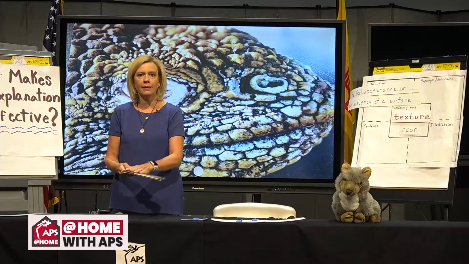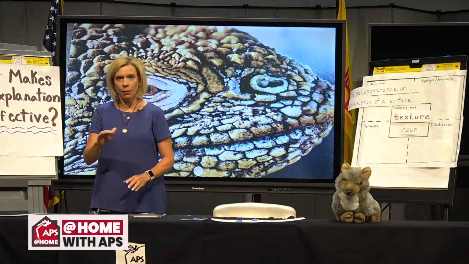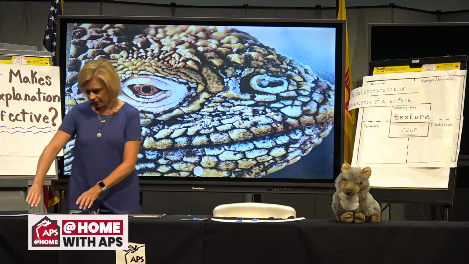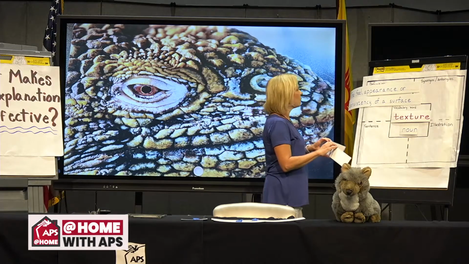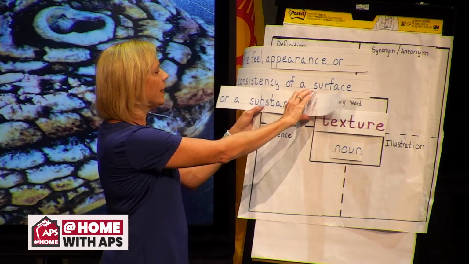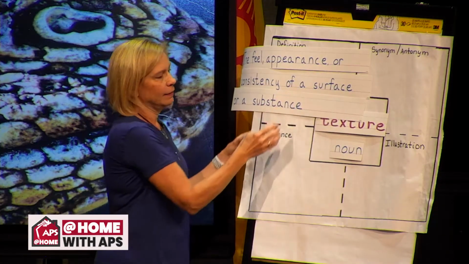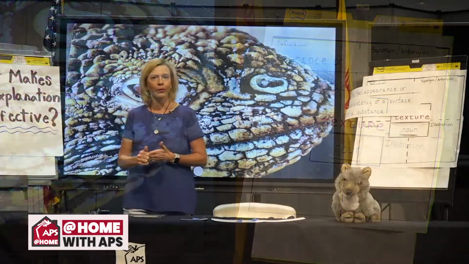My book has the texture of a smooth surface. That iguana is going to have the texture of a bumpy surface. So the feel, appearance, or consistency of a surface or a substance. So water has texture, doesn't it? Very smooth.